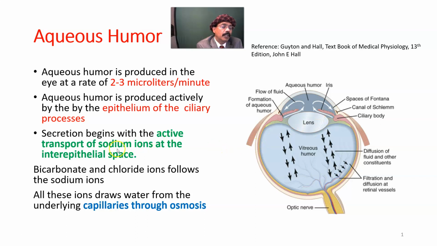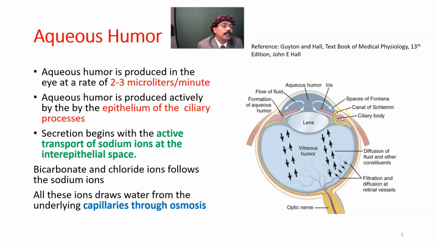Secretion begins with active transport of sodium ion in the interepithelial space. Then to neutralize the ionic balance, bicarbonate and chloride ion follow the sodium ions. All these ions draw water from the underlying capillaries through osmosis.